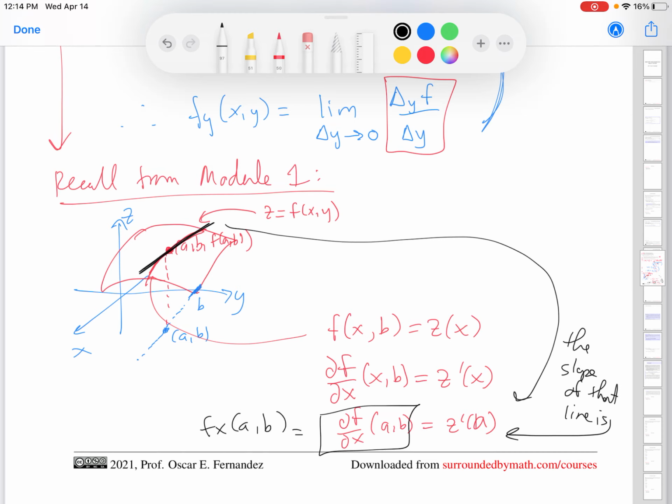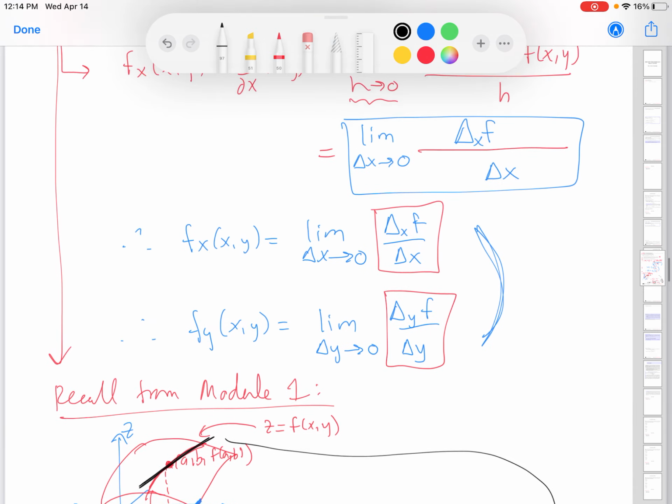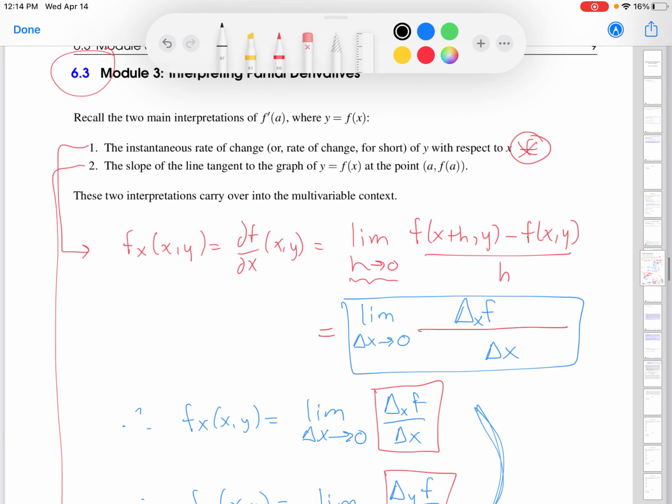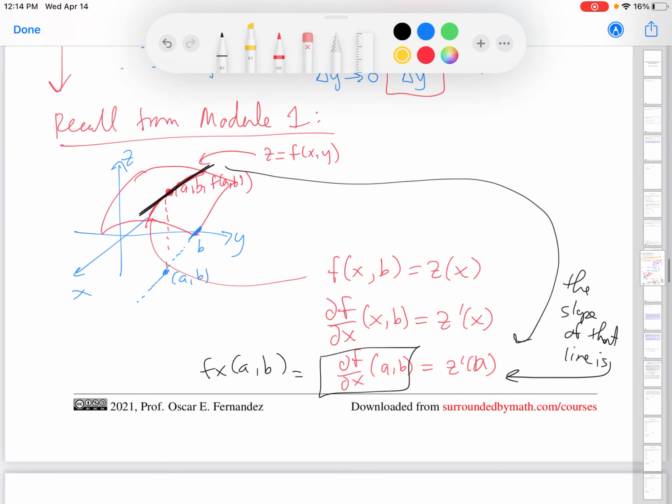Okay, so that was the picture we had drawn. That being said, you can notice already that I've mentioned a tangent line and a slope. So we are pretty much there to generalizing this second interpretation of the derivative from the single variable context. It's exactly the same interpretation. So we see here that fx of (a, b) is the slope of a tangent line.